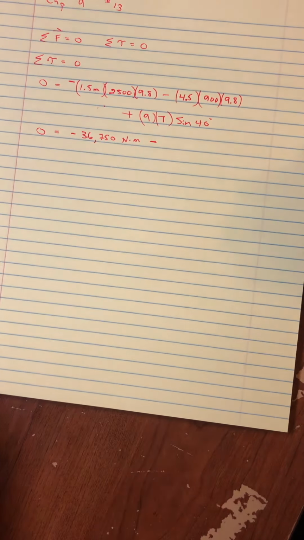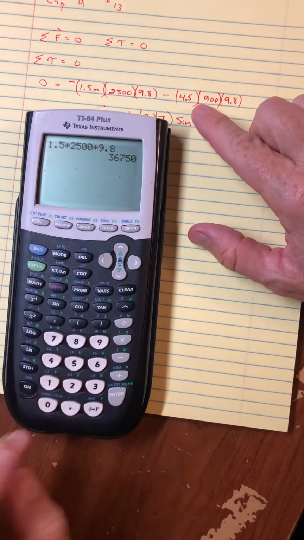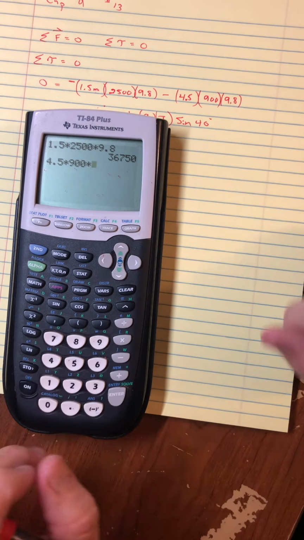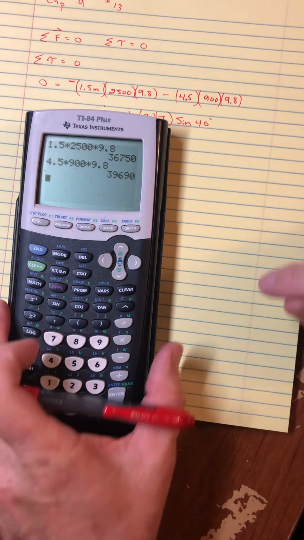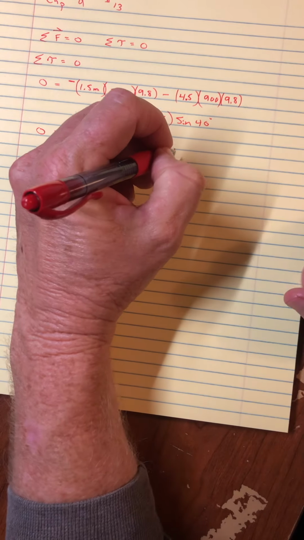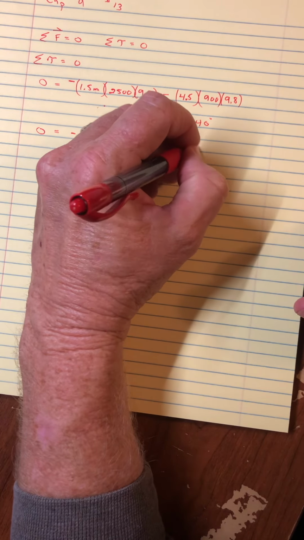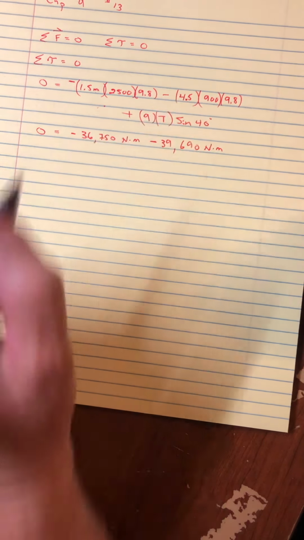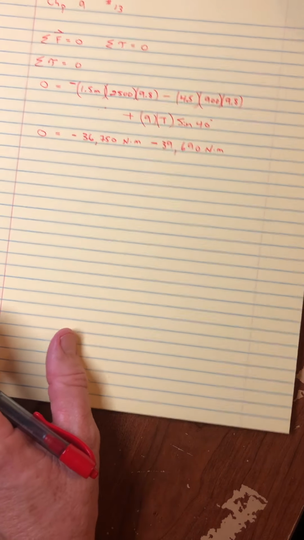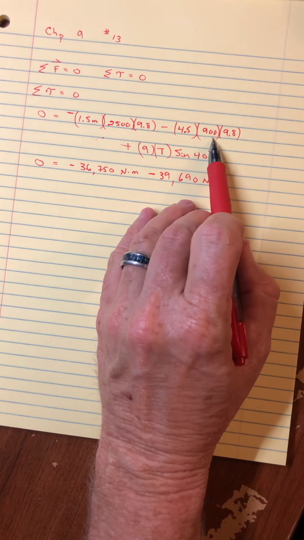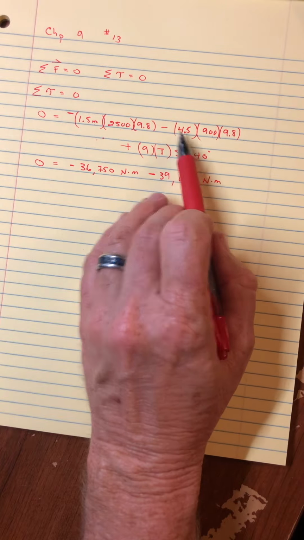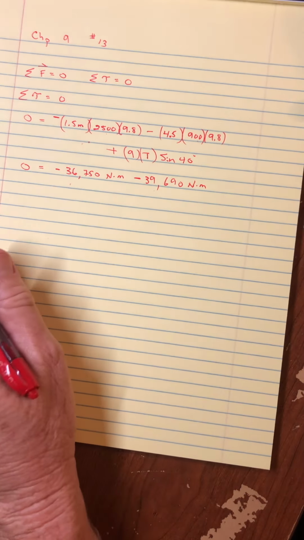The weight of the car is also making it go clockwise, so negative, and it'd be 4.5 meters times 900 times 9.8. And that's actually more torque, 39,690 Newton meters. And I'll say it again, though, even though the car weighs less, it's further out, giving it slightly more torque.